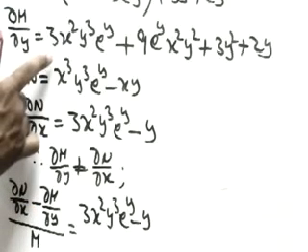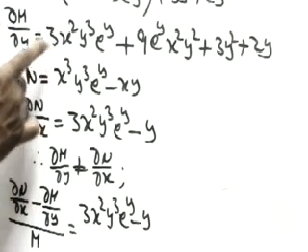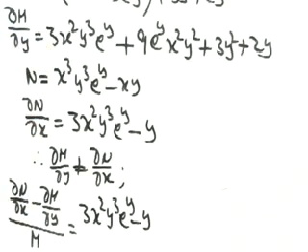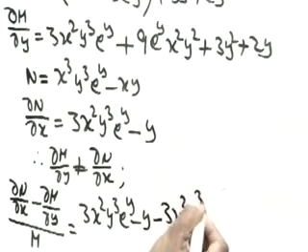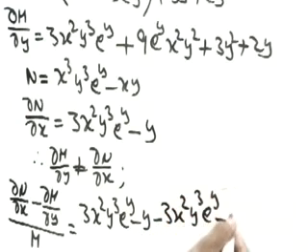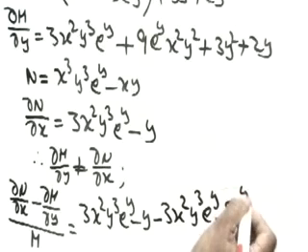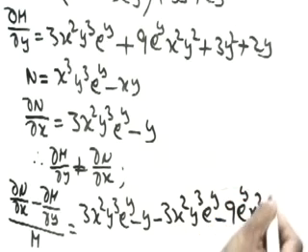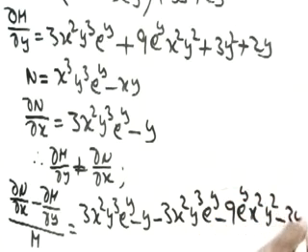This is ∂N/∂x minus ∂M/∂y, which means multiply this with minus, multiply this with minus. So you will get minus 3x² y³ e^y minus 9 e^y x² y² minus 3y² minus 2y.